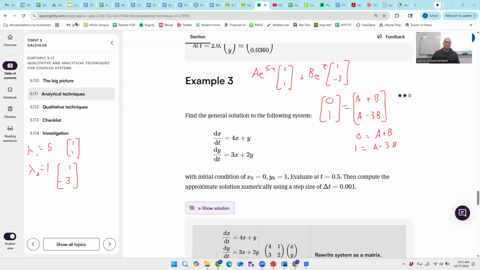I'm going to multiply the top equation by negative 1 and add them together. If b equals negative 1/4, a has to equal positive 1/4, correct?